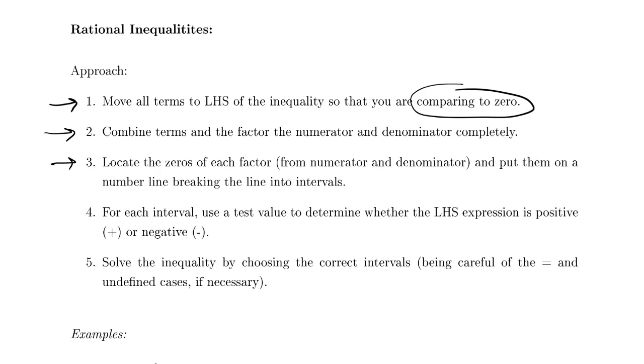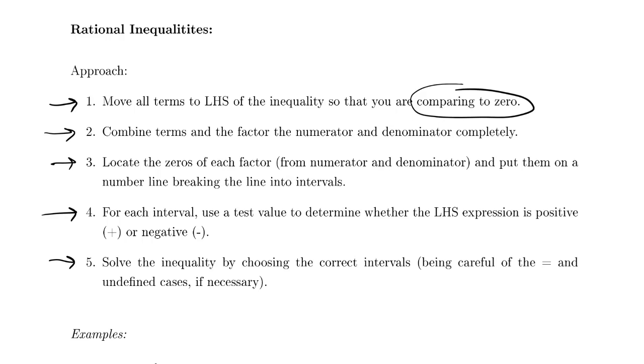We're going to locate the zeros of each factor from the numerator and denominator and put them on a number line, breaking the line into intervals. So like before, we're going to find each interval and decide whether it's positive or negative. And then we're going to solve the inequality by choosing the correct intervals, just like before.